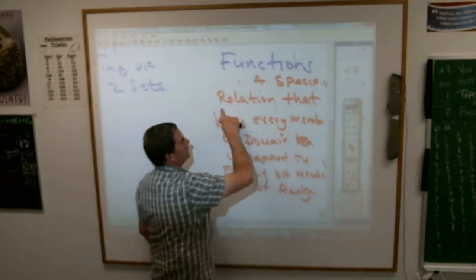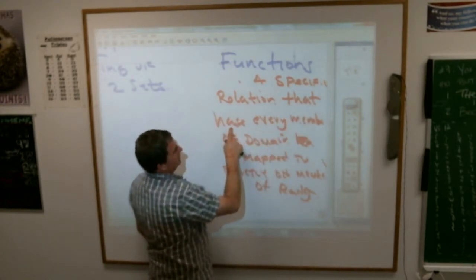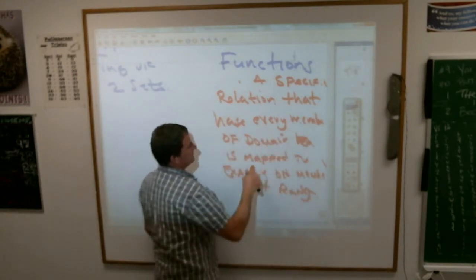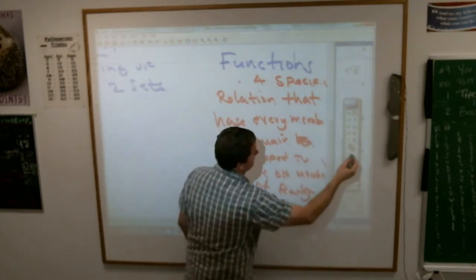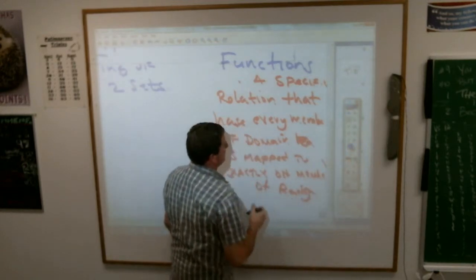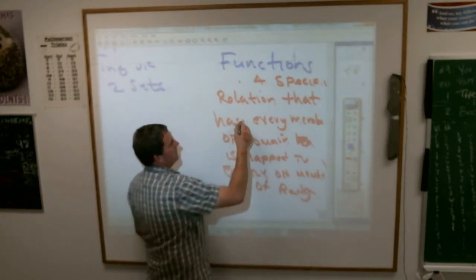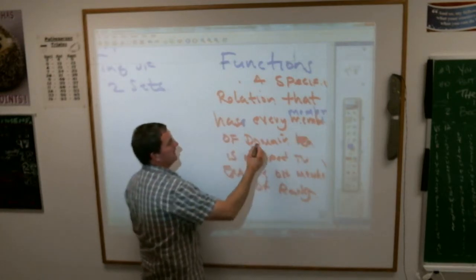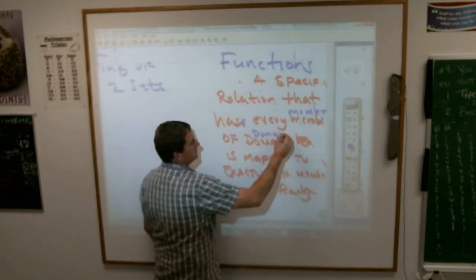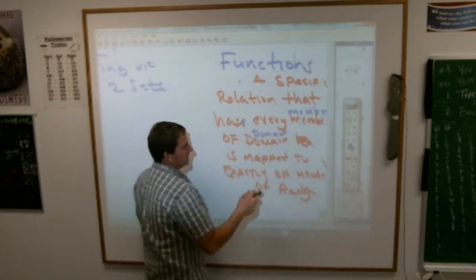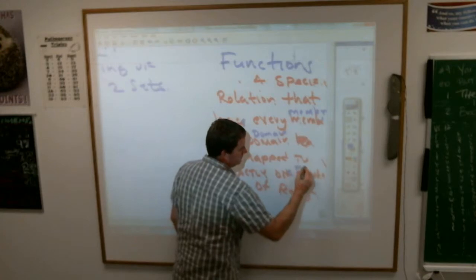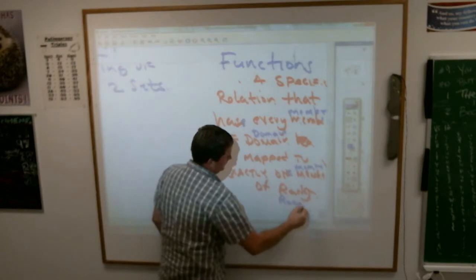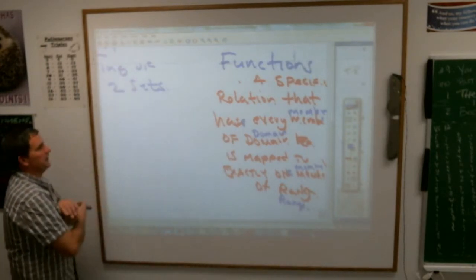A specific relation that has every member, hey, don't criticize my writing, of the domain is mapped to exactly one member of the range. How could you not see that?